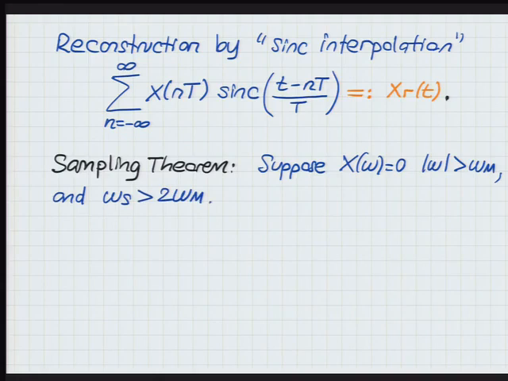Then what do you think is the climax, the punchline, the headline? Under these two conditions, the reconstructed signal x_r, the interpolated signal, is the actual signal that we sampled. Then x_r of t equals x of t.